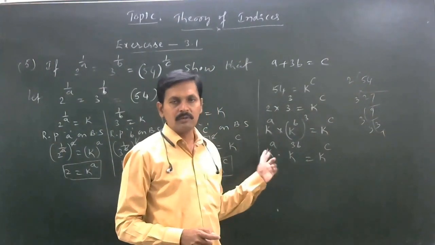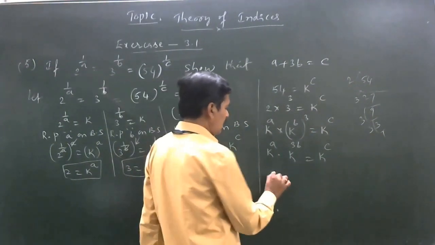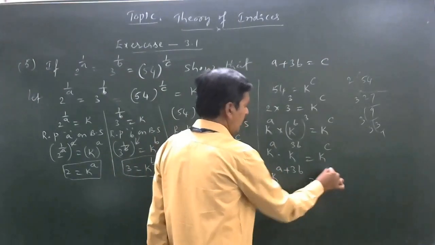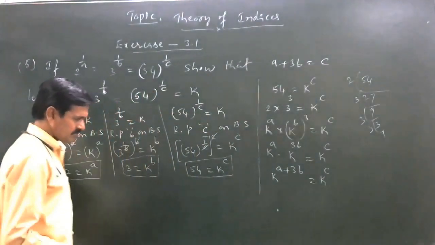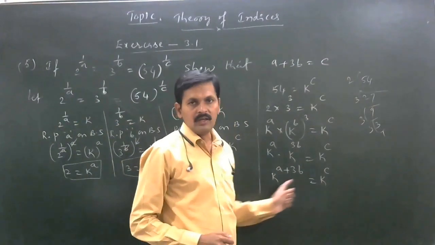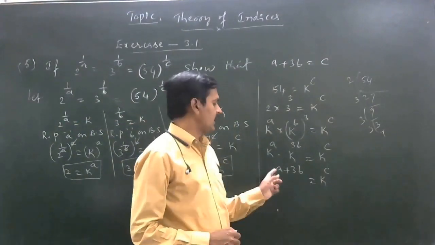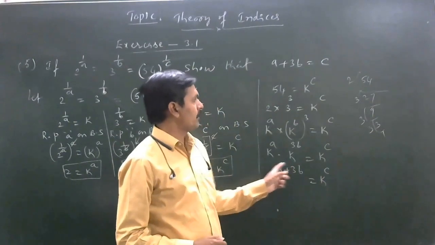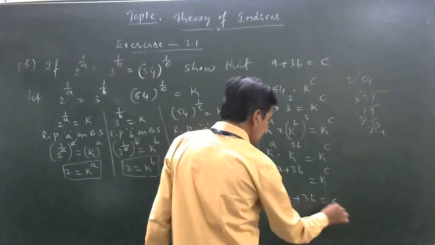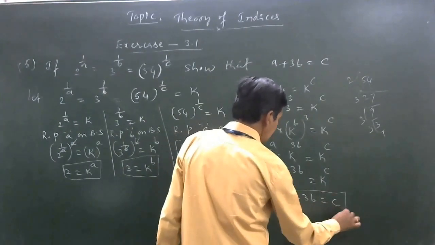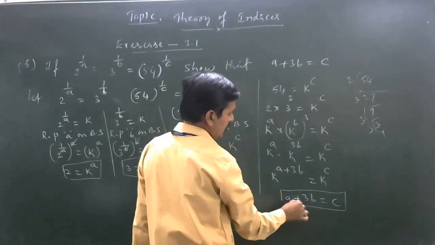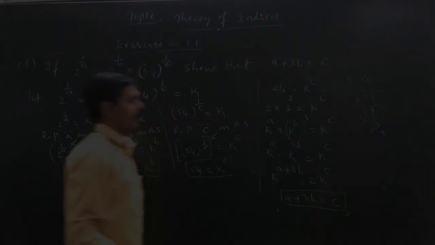When the bases are equal, the powers should be added: k power a plus 3b is equal to k power c. On both sides the base values are equal, so we equate the power values: a plus 3b is equal to c. It is proved. Show that a plus 3b equal to c.